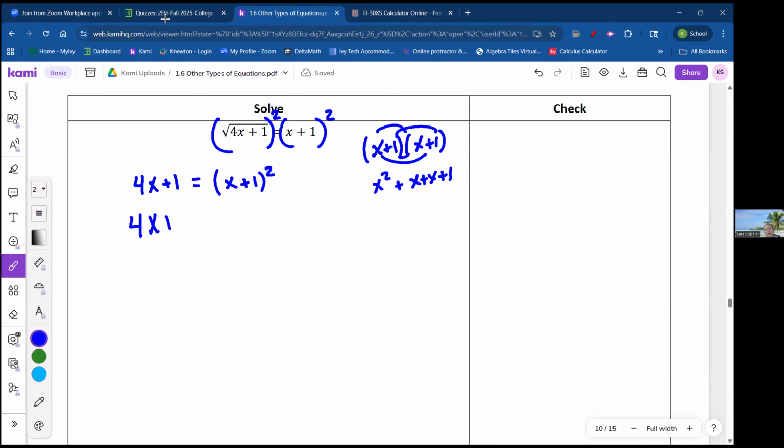So 4x plus 1 is equal to x squared plus 2x plus 1. Again, get the x's and the 1 over there. So 0 is equal to x squared minus 2x. And that's it, right?